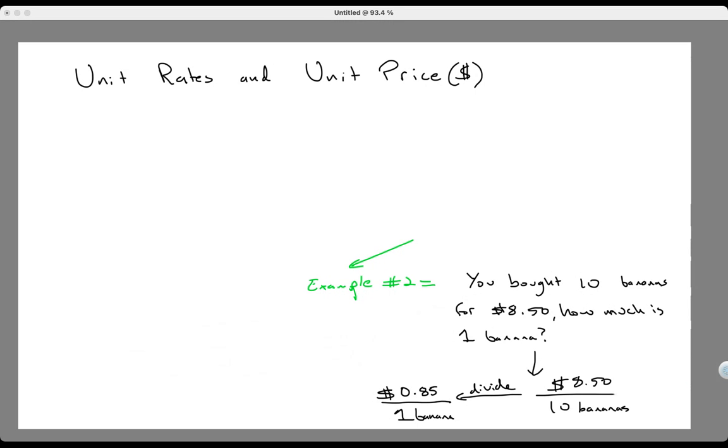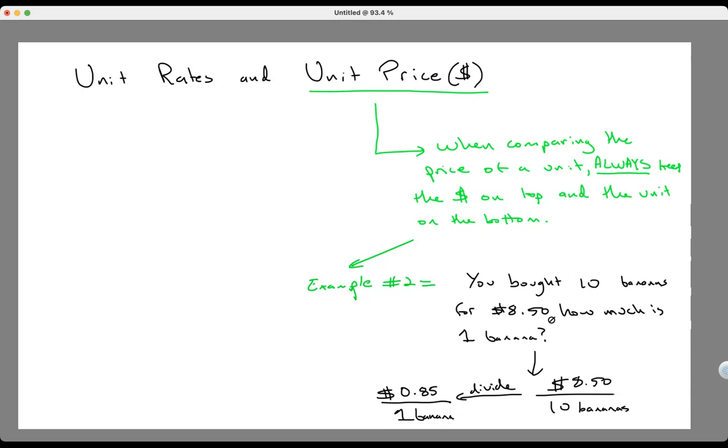So the biggest thing with unit prices, everybody, is we need to keep our dollars on top of our units, whatever they are. So it would be dollars over bananas for this example, or for example number 1, it'd be dollars over calculators. But for both unit rates and unit prices, the biggest thing is that the order matters the most.